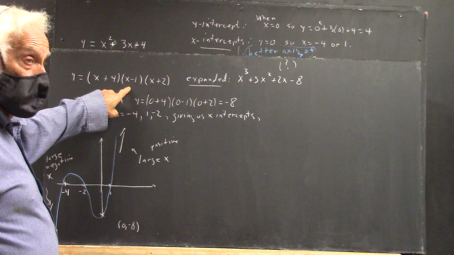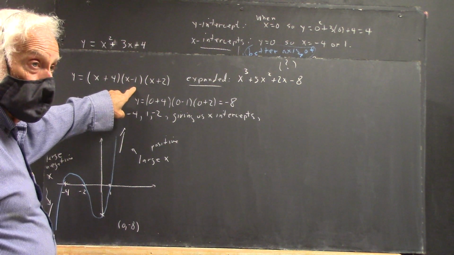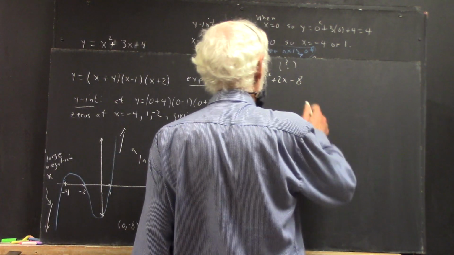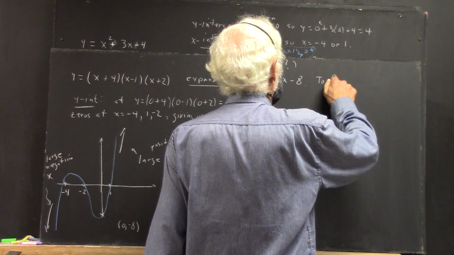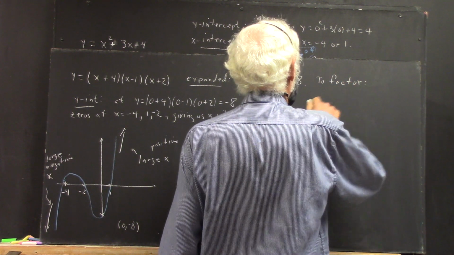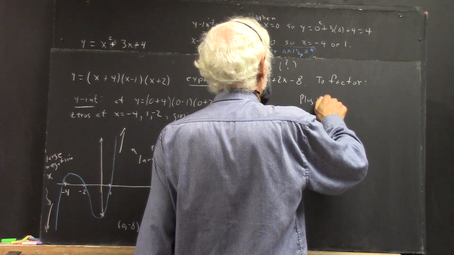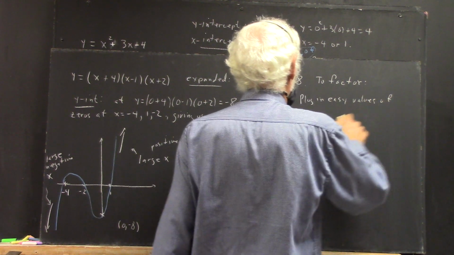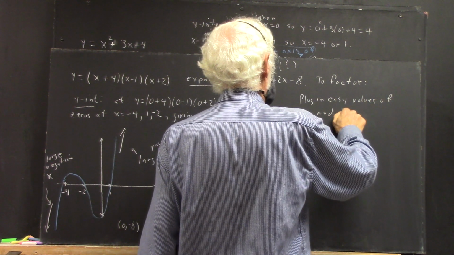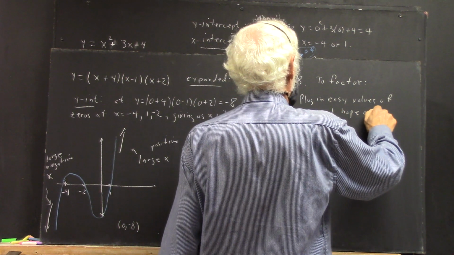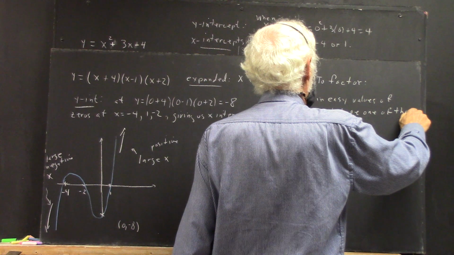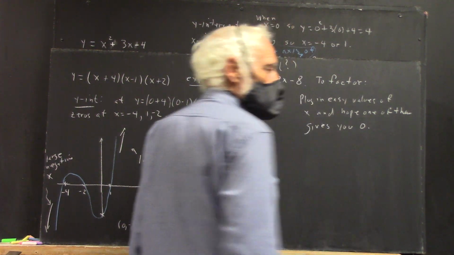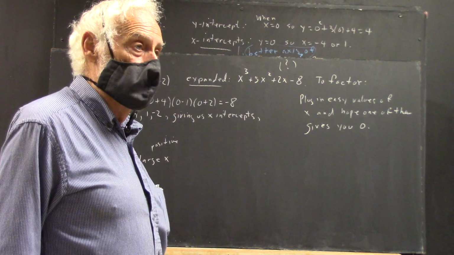Because, of course, if x minus 1 is a factor, it means that x equals 1 is a solution, as we have seen pretty well today. Okay? Plug in easy value of x, hope one of them gives you 0.